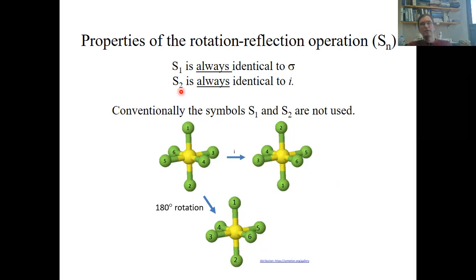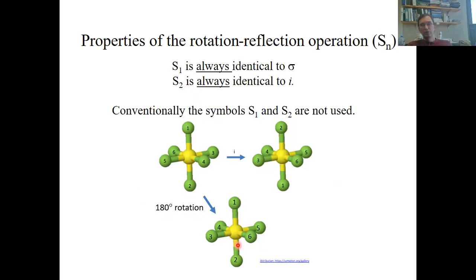So now, when we carry out an S2 symmetry operation, we first have to rotate by 180 degrees. So let us rotate around an improper rotational axis that stands here, going through the atoms 1 and 2.